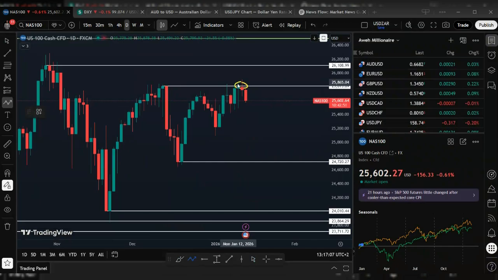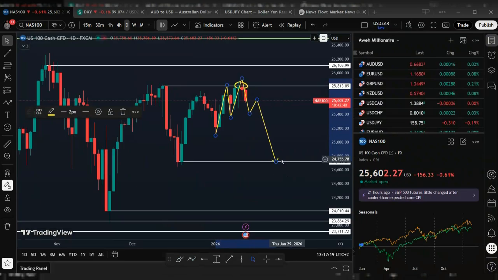Okay, price has failed to remain above this level, so this is indicating again a weakening in this bullish momentum, where we could see either a deeper pullback or the start of a trend reversal, with the next support sitting at the 24,720 level.